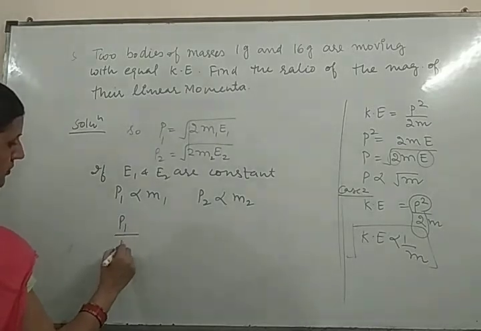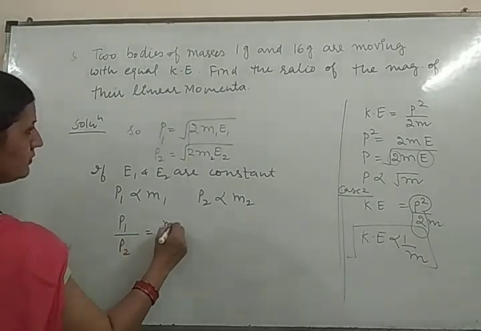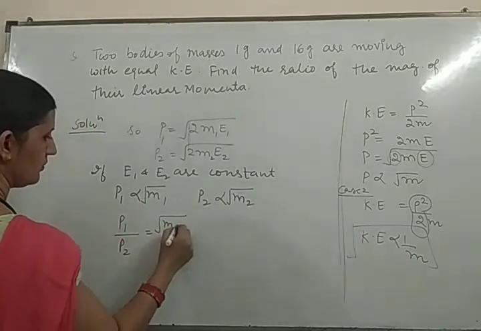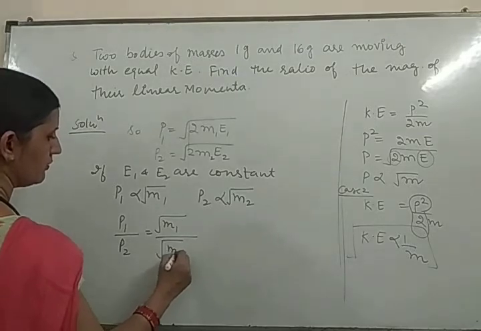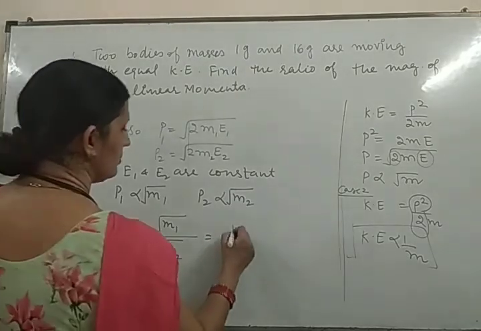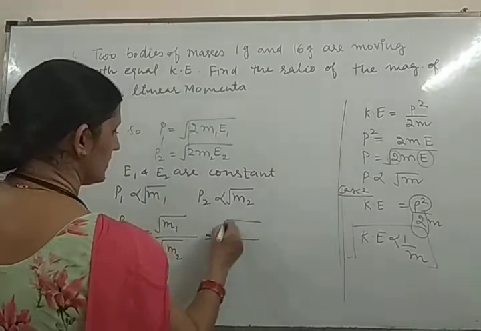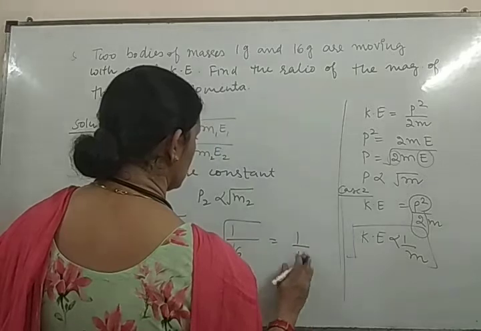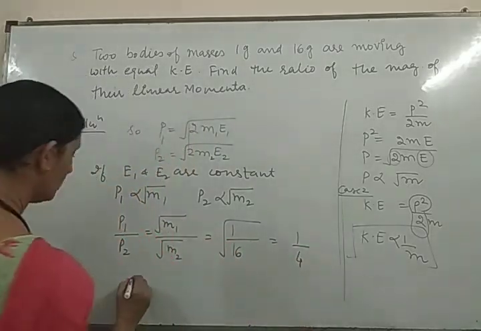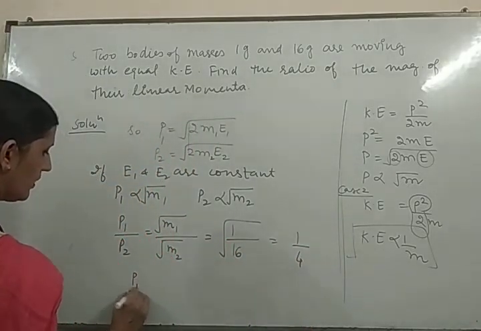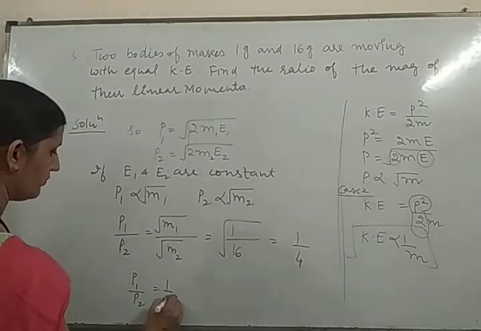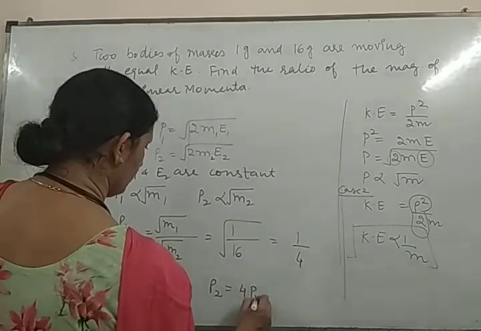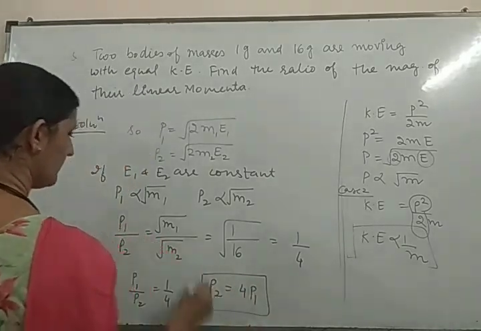Find the ratio P1 by P2. You will have square root of M1 divided by square root of M2, and mass is given to you. This is 1 gram and this is 16 gram. You can take it under one root. So this is square root of 1 by 16, which is 1 by 4. So P1 by P2 is equal to 1 by 4, or P2 is equal to 4 P1. This is the ratio, 1 is to 4.